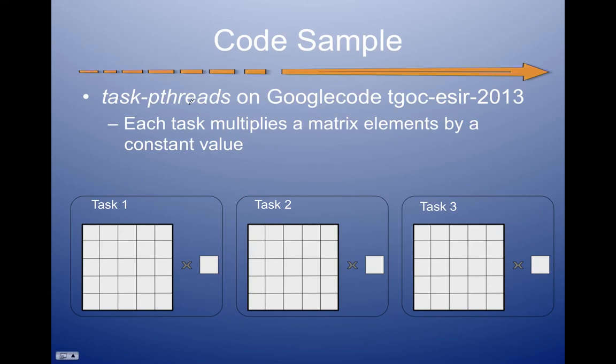So on Google Code, I've put an example called task pthreads that you can download with the svn command. What it does is multiply a set of matrices by a constant. So look at how these tasks are defined and implemented with pthreads.